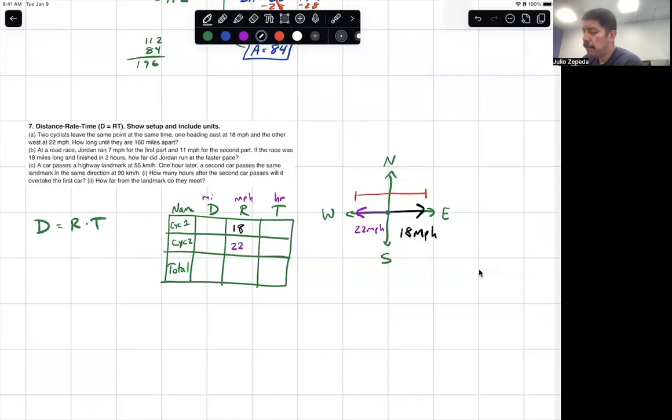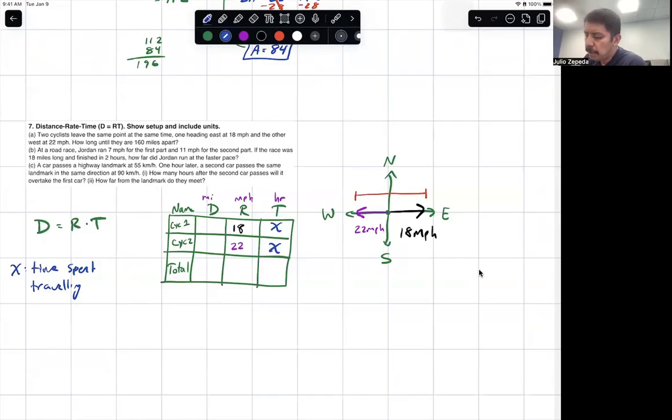So the time we can call, let's call it X to use a different variable name. So I'll label my variable here. X represents the time spent traveling. Okay. So since they left at the same time, they will both have the time X.